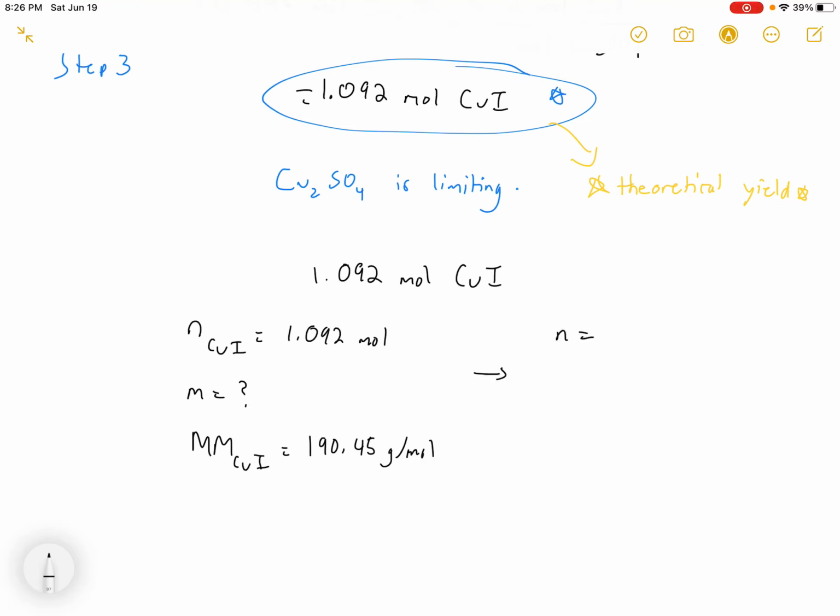And then we'll use our formula there to figure that out. So if moles equals mass divided by molar mass, then mass equals moles times molar mass. So 1.092 moles times 190.45 grams per mole.